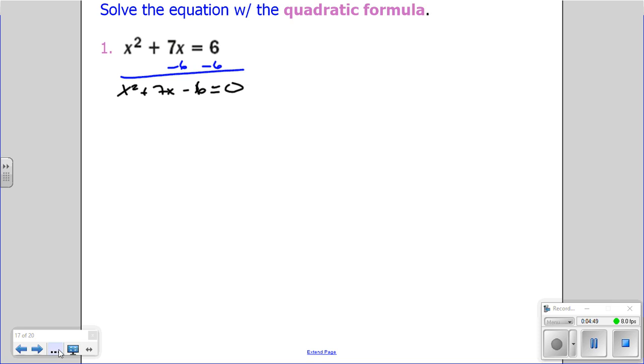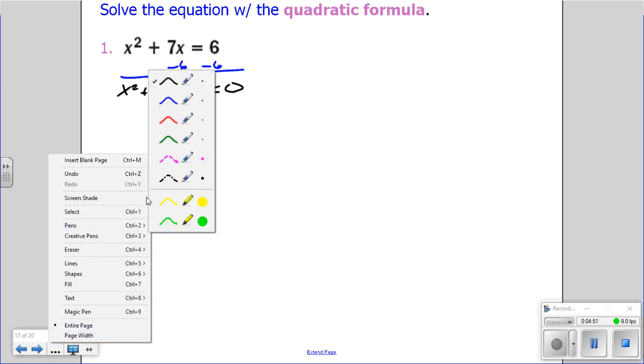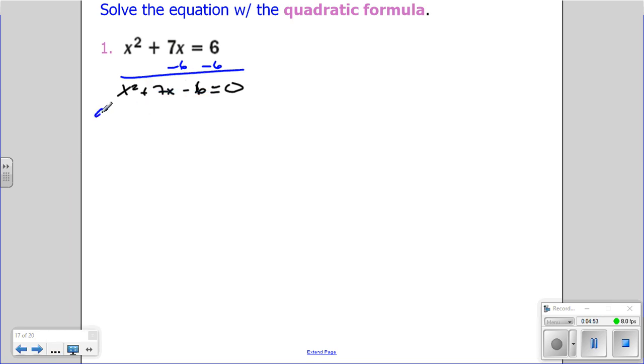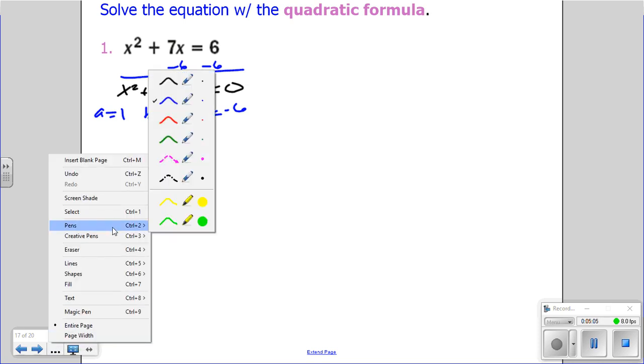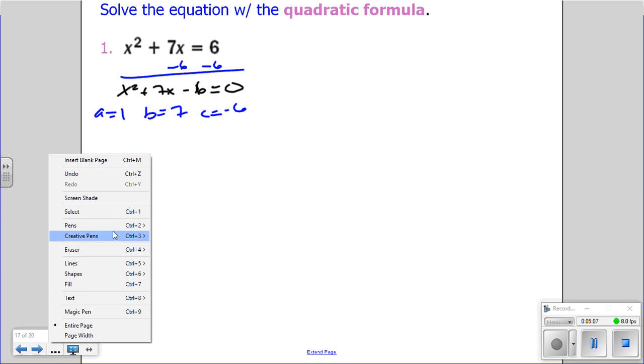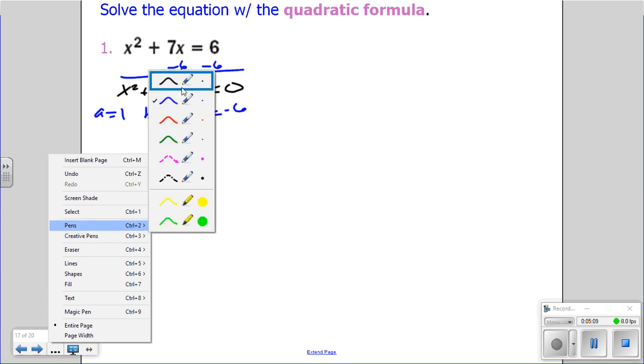Next, establish your ABCs. A is 1, B is 7, and C is negative 6. The first thing we're going to find is the discriminant, so we'll know how many solutions we have.